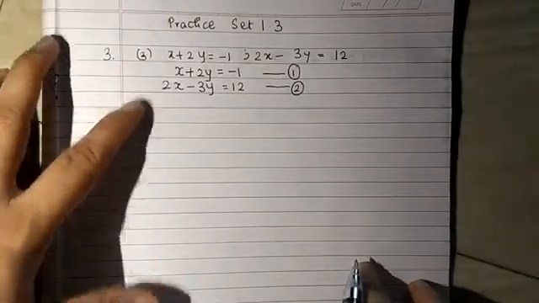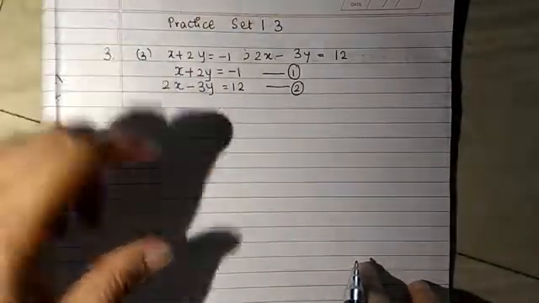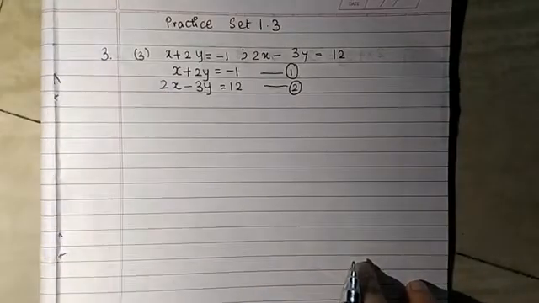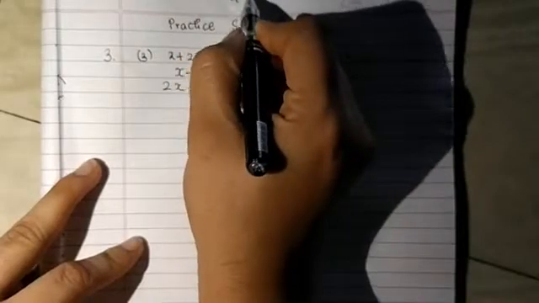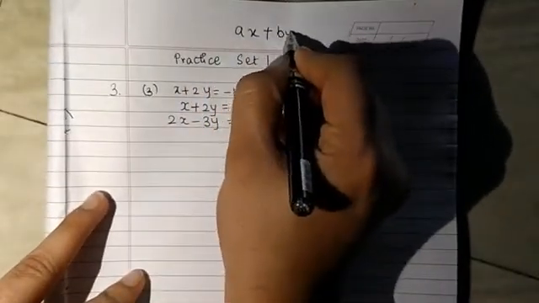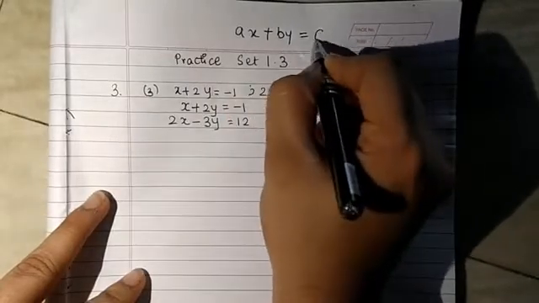Now after numbering the equations, check whether the equations are in the standard form. What is your standard form, students? Your standard form is ax plus by is equal to c.